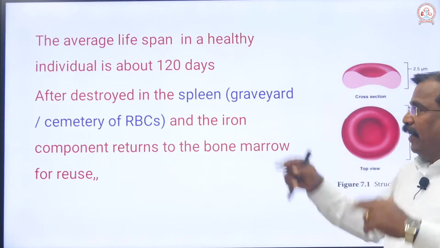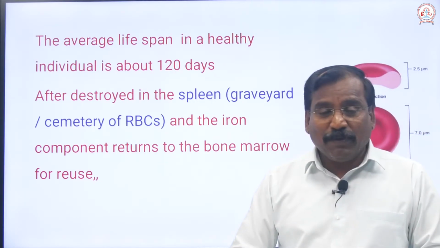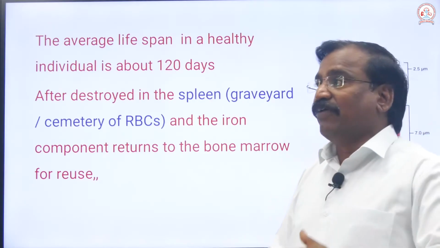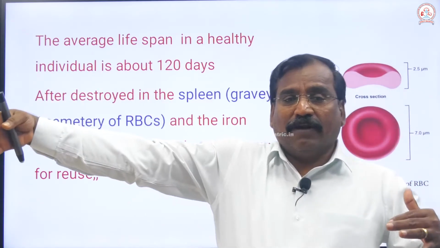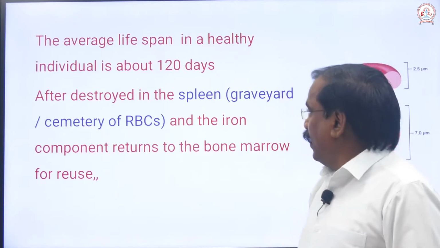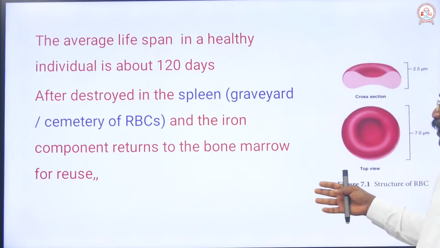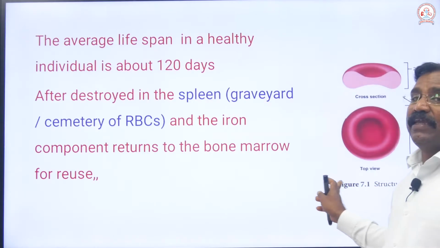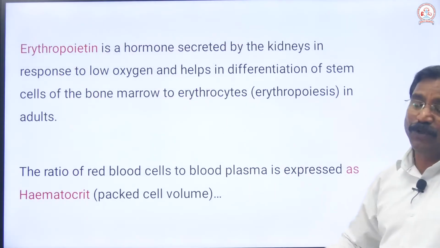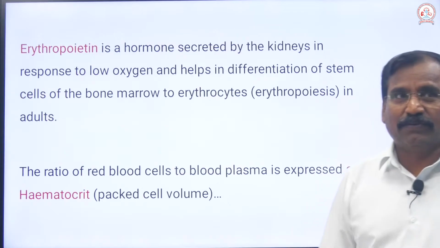The spleen and liver are called the graveyard or cemetery for RBCs because after 120 days they are buried there. The lifespan of the RBC is 120 days.